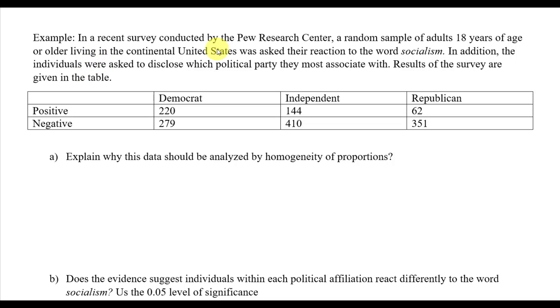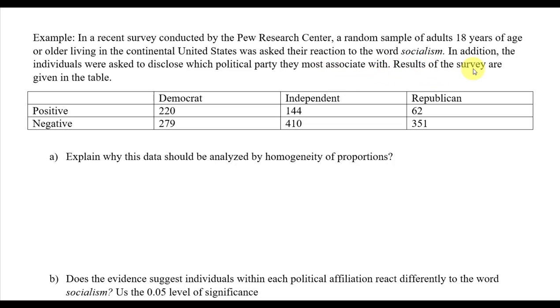In a recent survey conducted by the Pew Research Center, a random sample of adults 18 years of age or older living in the US was asked their reaction to the word socialism. In addition, the individuals were asked to disclose which political party they most associated with.